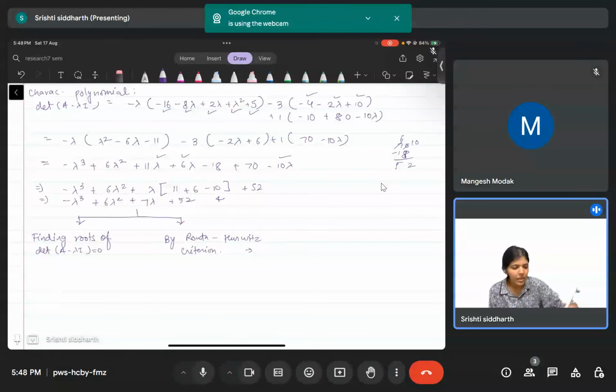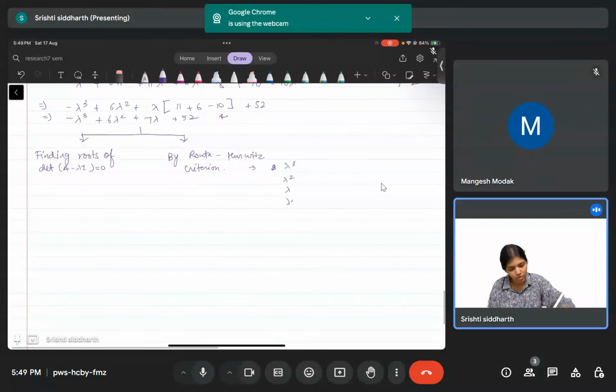By this I mean creating the table and directly determining the sign changes.